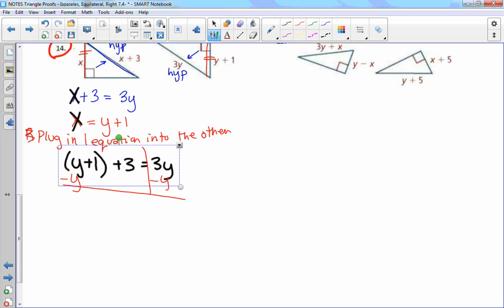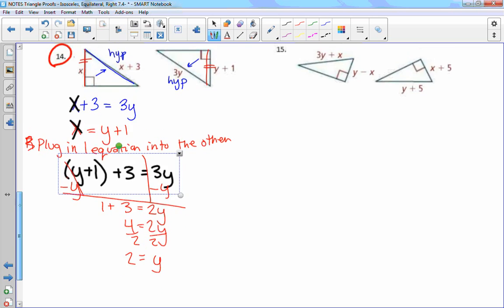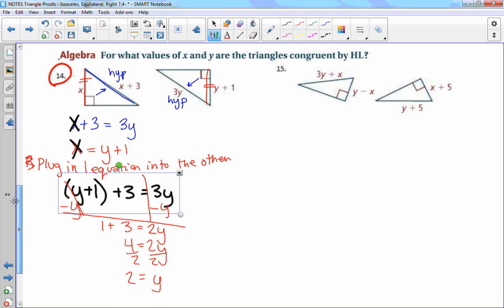So my y side is going to be on the right, and I have 1 plus 3 equals 2y. 1 plus 3 is 4. How do we get y by itself, Aspen? Yep, divide by 2. So y equals 2.